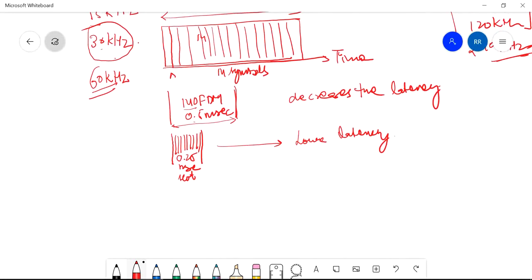And if we further increase the subcarrier spacing, then it will be just half of 0.25. So how much does it come to? The half of 0.25 comes to around 0.125.